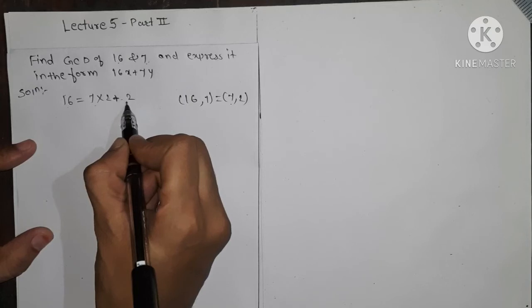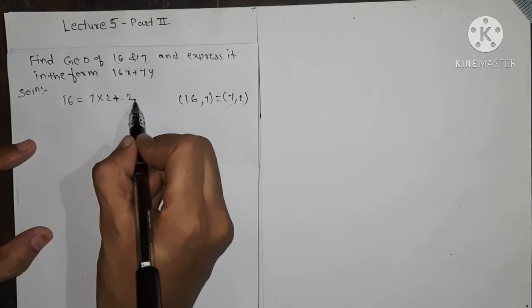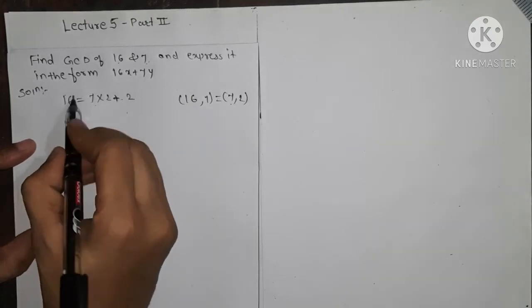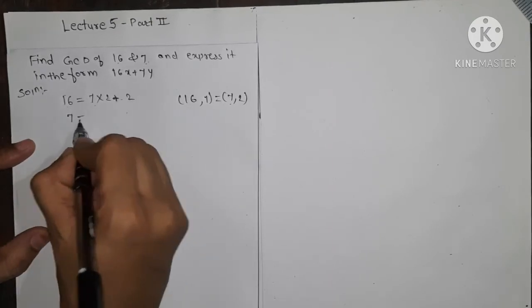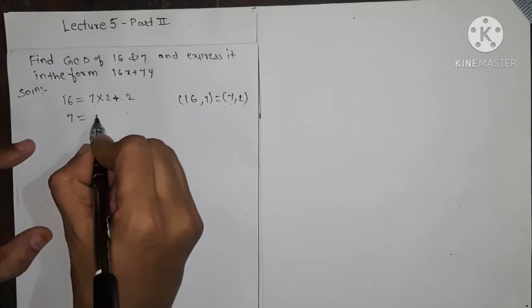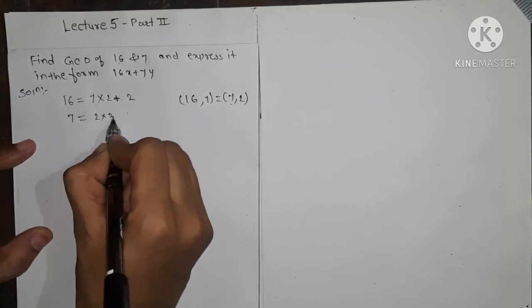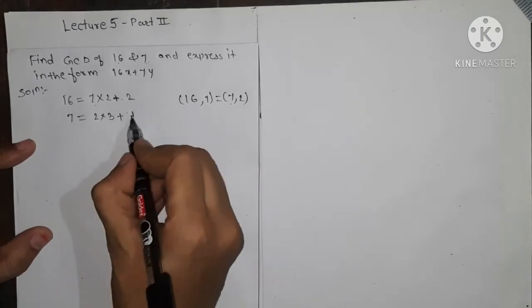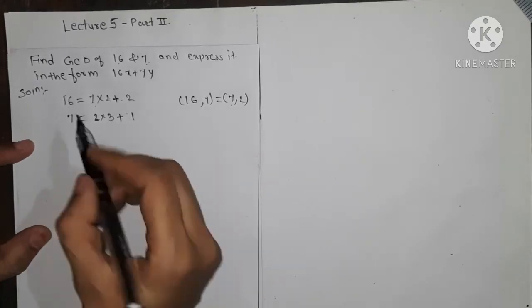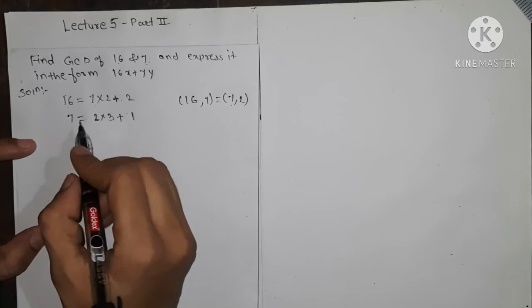As the remainder is non-zero, we divide 7 by the remainder 2, so 7 can be written as 2 multiplied by 3, that is 6, plus remainder 1. Again the remainder is non-zero, so we divide 2 by 1.